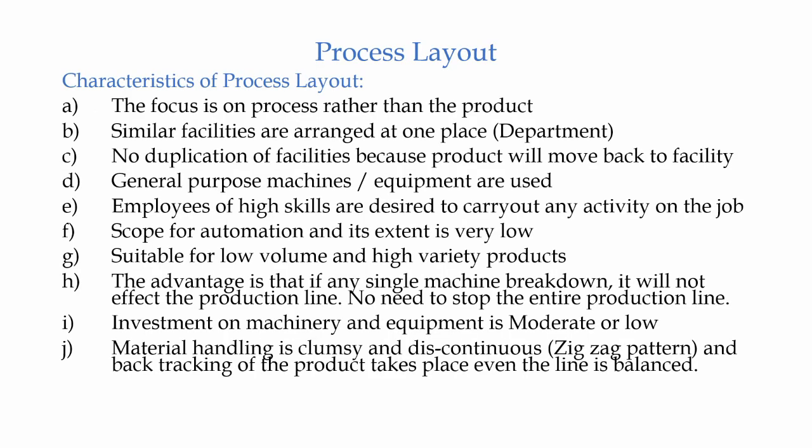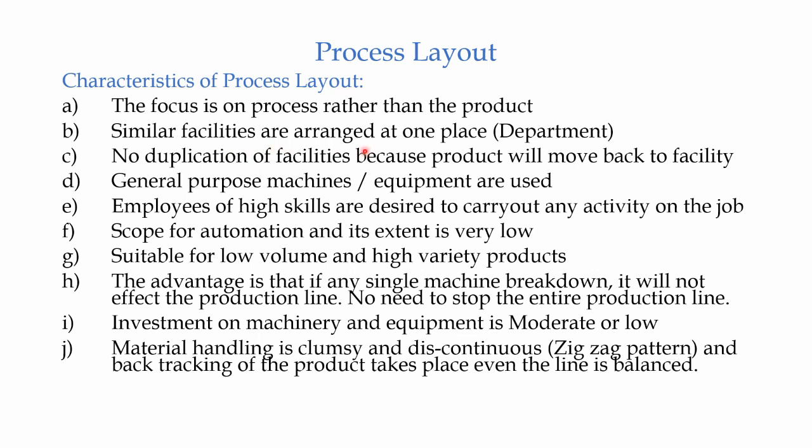Then coming to the characteristics of process layout, here the focus is on process rather than the product. In product layout the focus is on product, but here the focus is on process. So as we are focusing on the process, all the machines which may carry out a particular type of process will be arranged at one place. There will be no duplication of facilities because all drilling machines will be at one place, all milling machines at one place, all grinders at one place, like that.